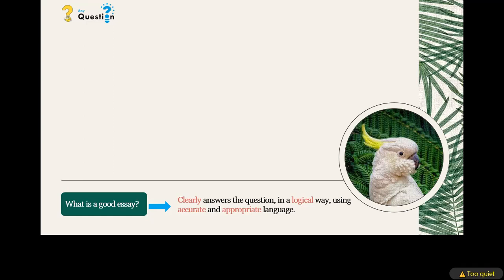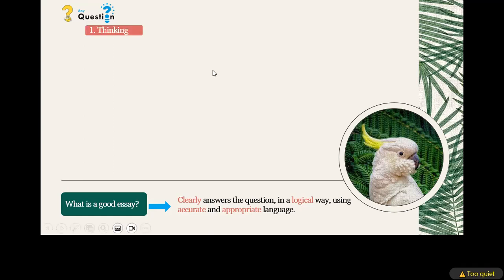The focus here is not on vocabulary, but on how you can deliver a clear message. You need to show the examiner that you are someone who can communicate in English. Okay, so I will explain this.